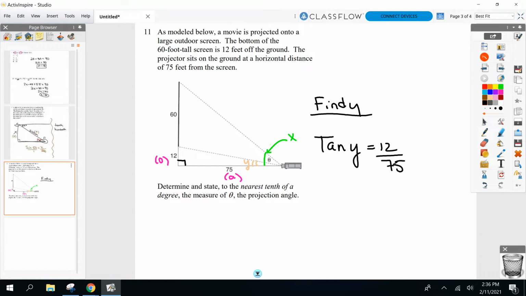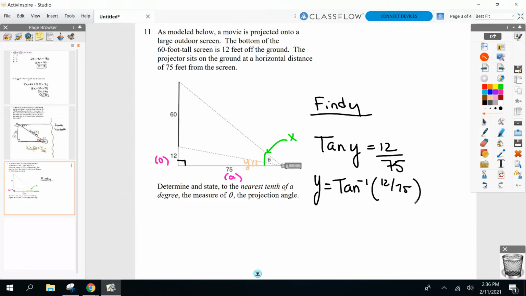We're about to find an angle. You can cross multiply, but you're going to get lost. Don't try to cross multiply. When we find an angle in a right triangle using sine, cosine, tangent, I've got to use the inverse. Grab my calculator. All right, so for this one, I'm going to do y equals inverse tangent 12 over 75.